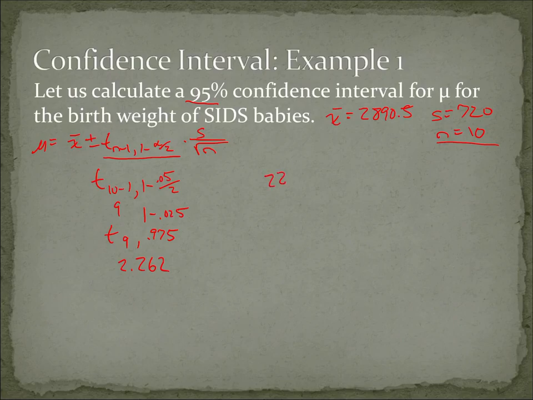Okay? Now, let's put everything else we know from the equation in. We know our x bar is 2,890.5 plus or minus our 2.262 multiplied by the standard deviation, which is 720 over the square root of 10.